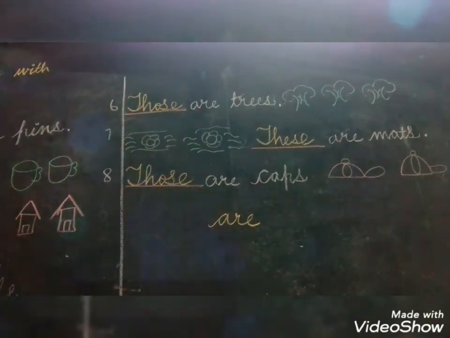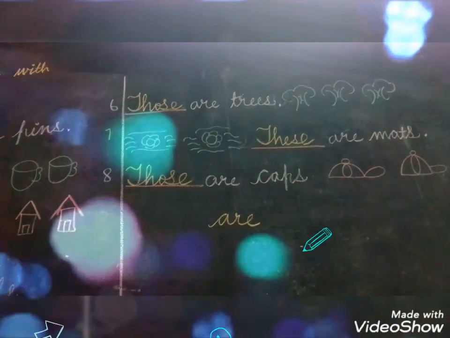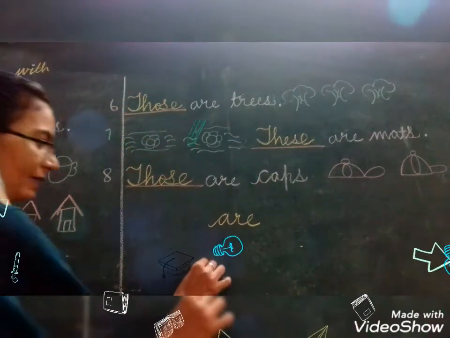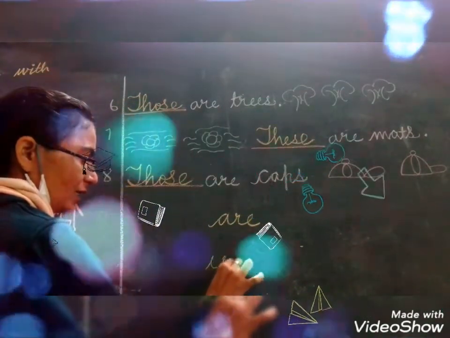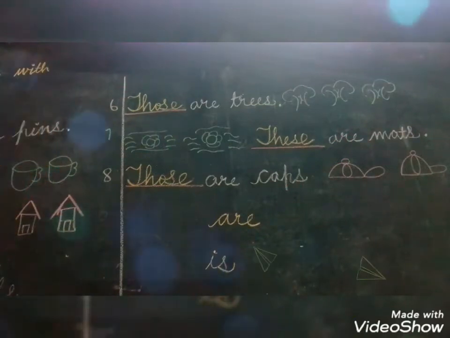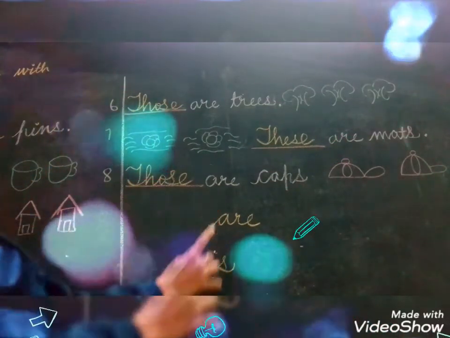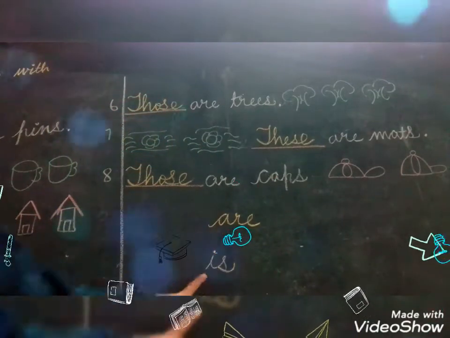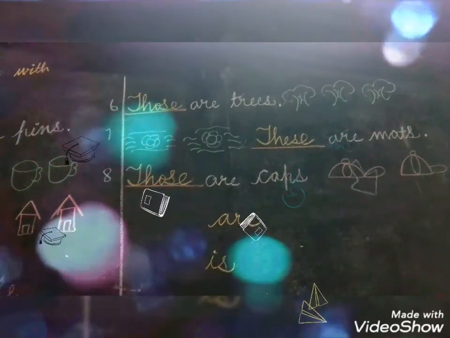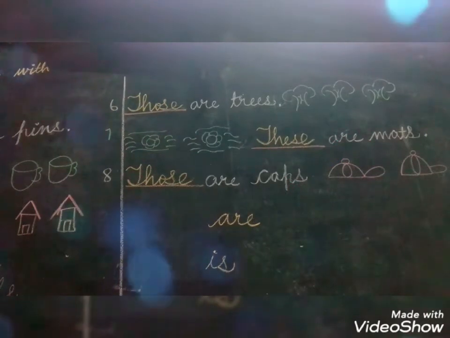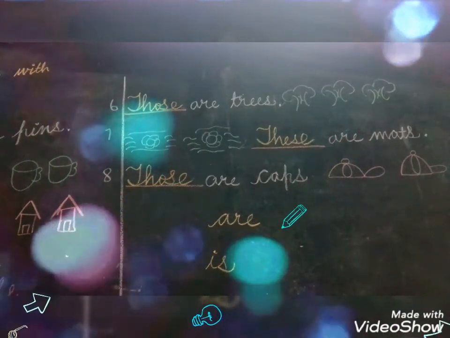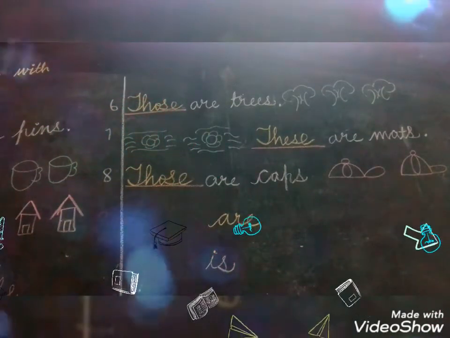If it is one cap, what will you use? I-S. Remember all this. A-R-E is used for many, and I-S is used for one object. This is a pencil, this is a box, this is a pen, like that.